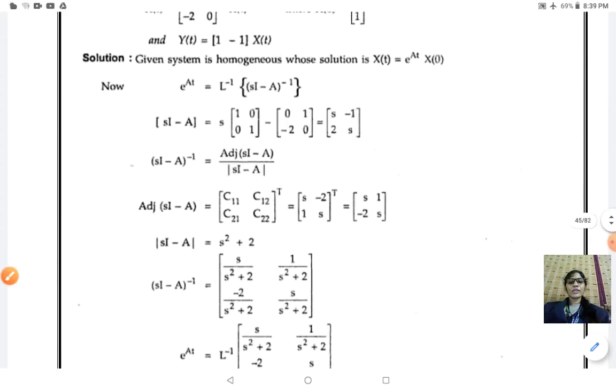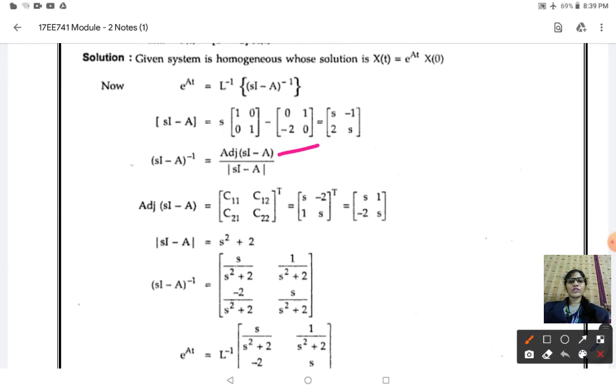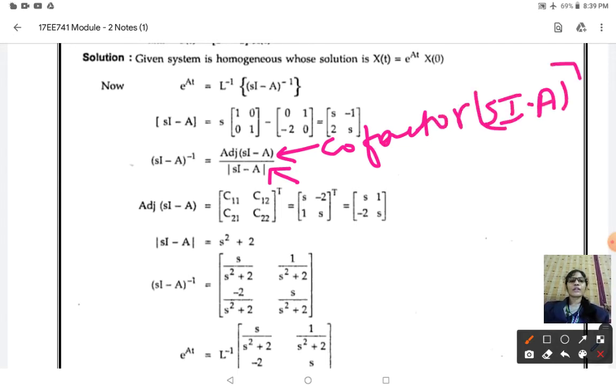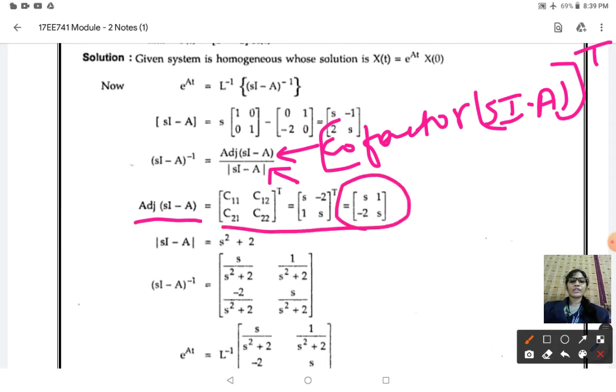Now the formula for (sI minus A) inverse is adjoint of (sI minus A) divided by determinant value of (sI minus A). You all know how to identify the adjoint of sI minus A. Adjoint of sI minus A is the transpose of the cofactor matrix of sI minus A. So the adjoint of sI minus A is equal to, we have got the cofactor matrix transpose as s, 1, minus 2, s.